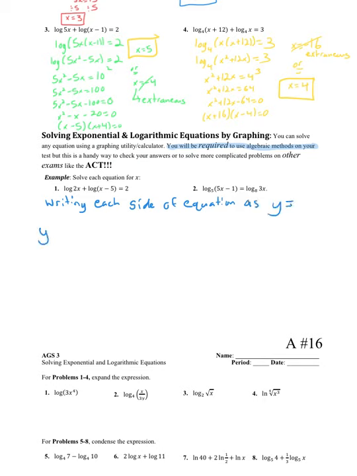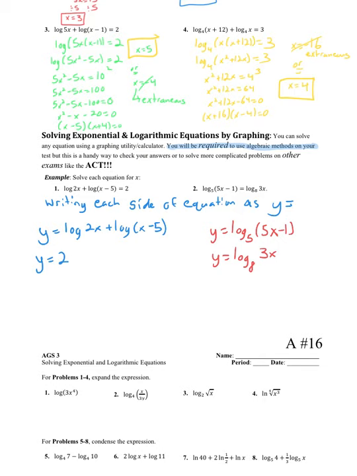So for example, y equals log of 2x plus log of x minus 5, and y equals 2. And on this right side, you just write it as y equals log base 5 of 5x minus 1. And then the other one would be y equals log base 8 of 3x. So you'd want to write something like that.